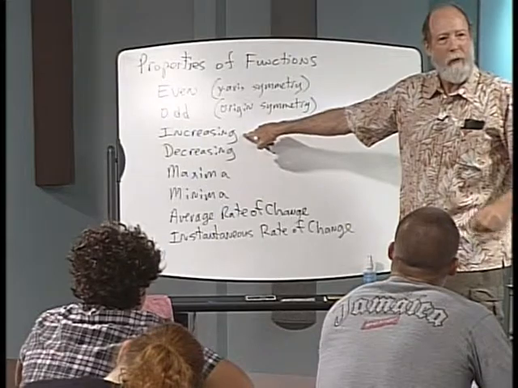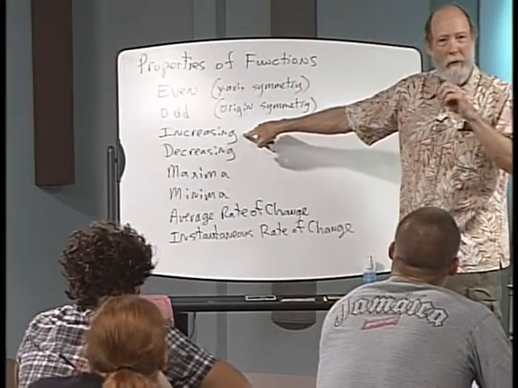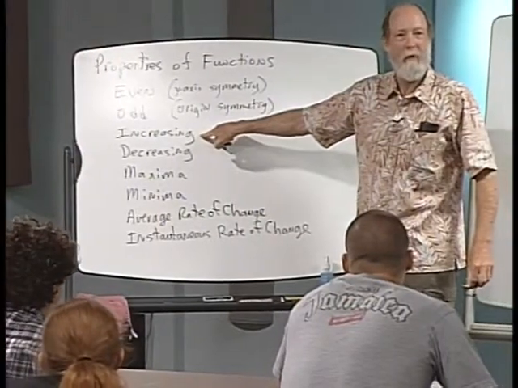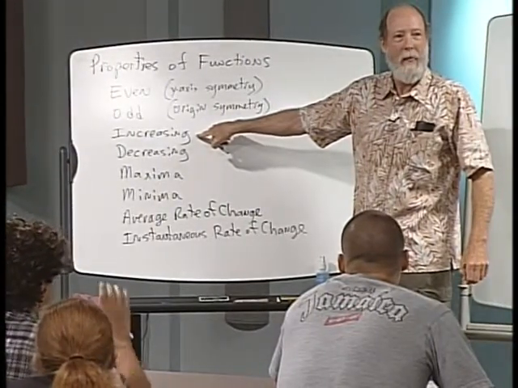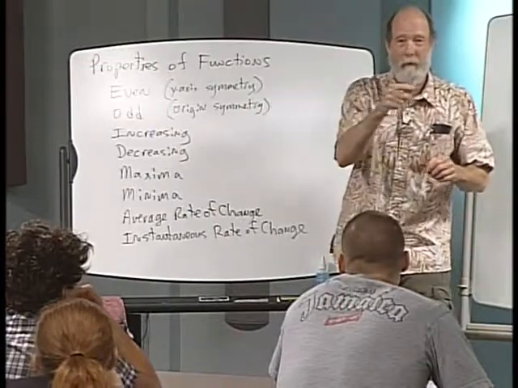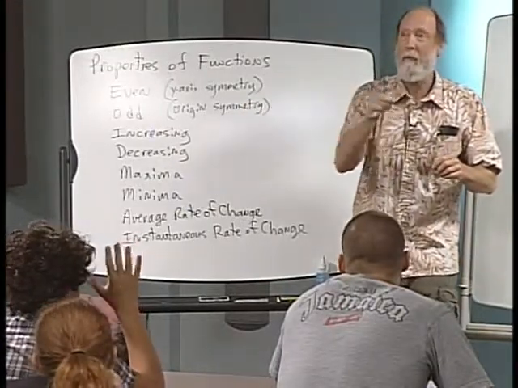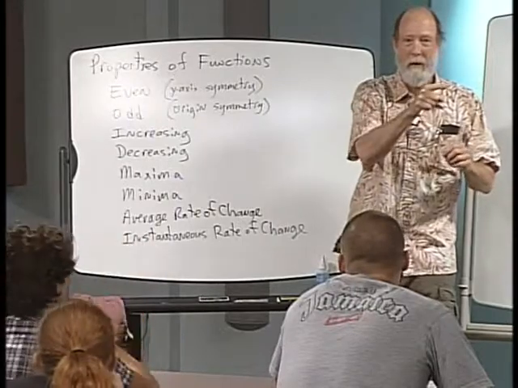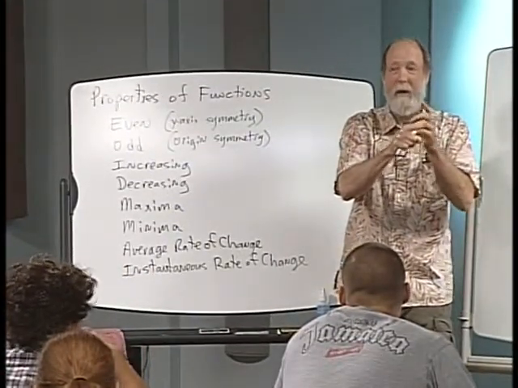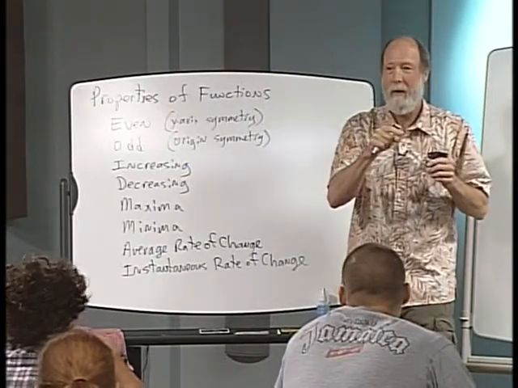What would be a region on a function where it's increasing? How would you describe that to somebody? As x increases, as you're moving across the domain, what's happening to the y? It's going up. Increasing means it has a positive slope.